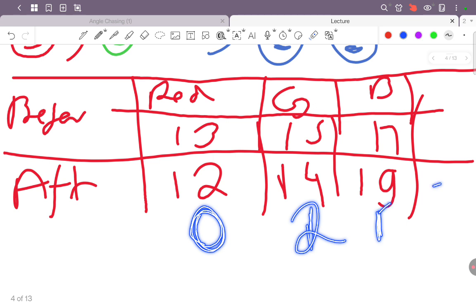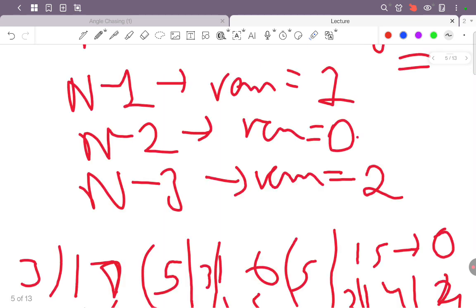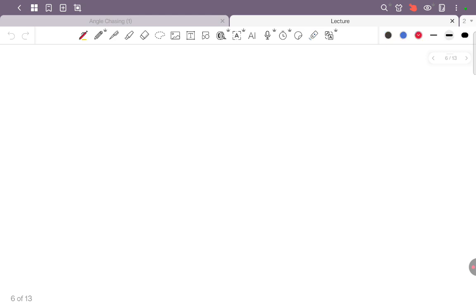After again subtracting 1, all remainders will shift. Again, this will become 2, this will become 1, this will become 0. Just shifting, shuffling is happening. Remainders are same. Okay, now let us see our case 2.